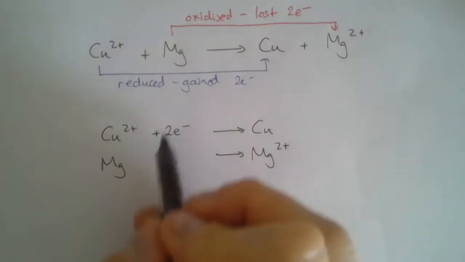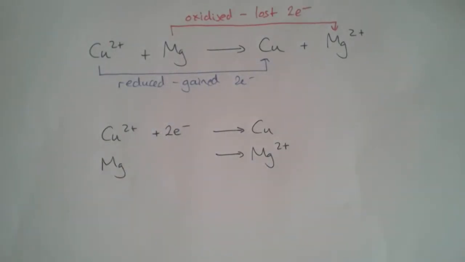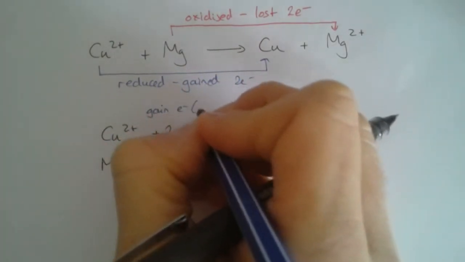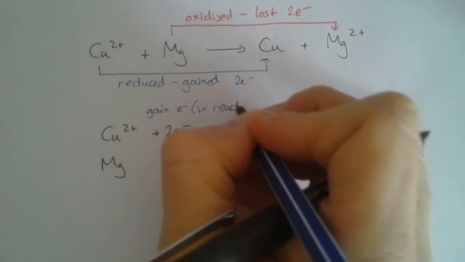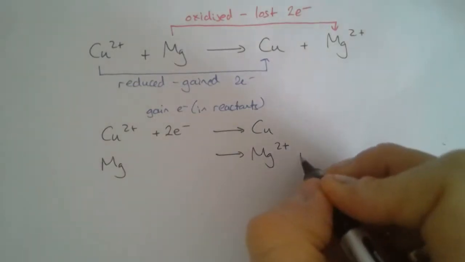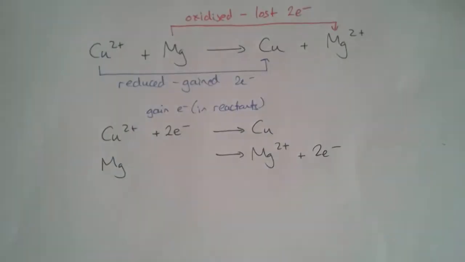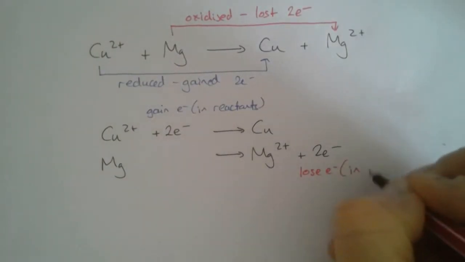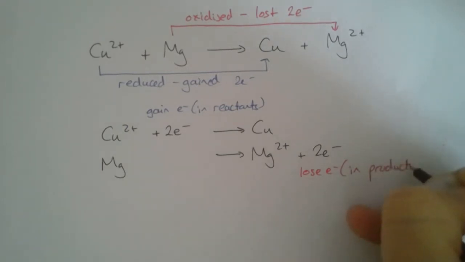So those electrons appear in the reactants. So we've got gain of electrons, therefore they are in the reactants. For magnesium to become Mg2+, it's got to lose 2 electrons. So if we're losing electrons, they are in the products.